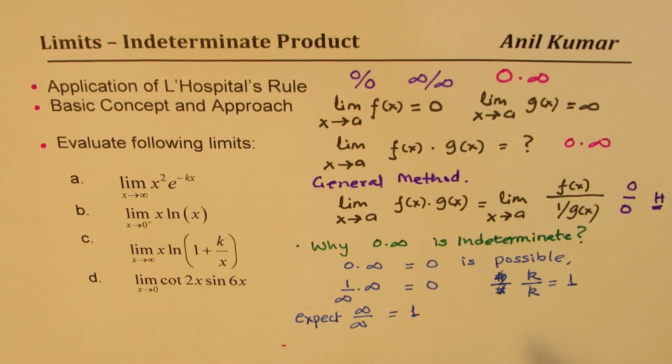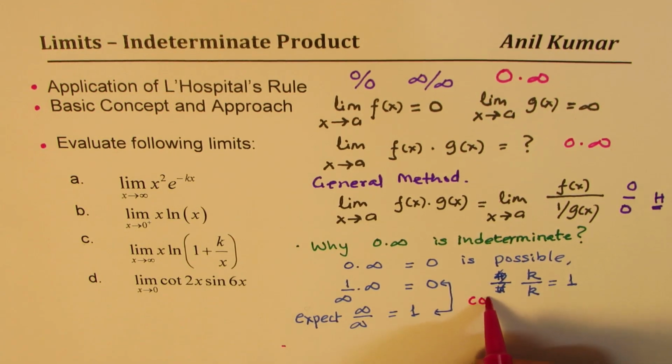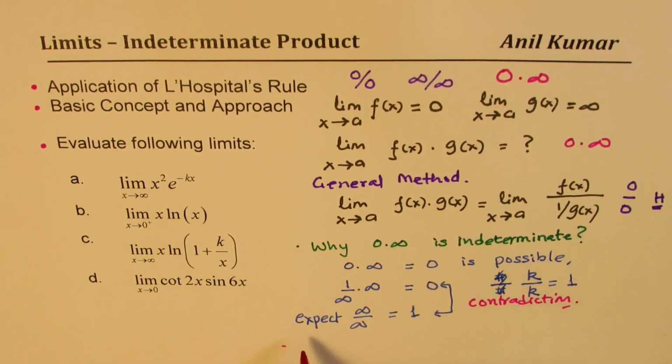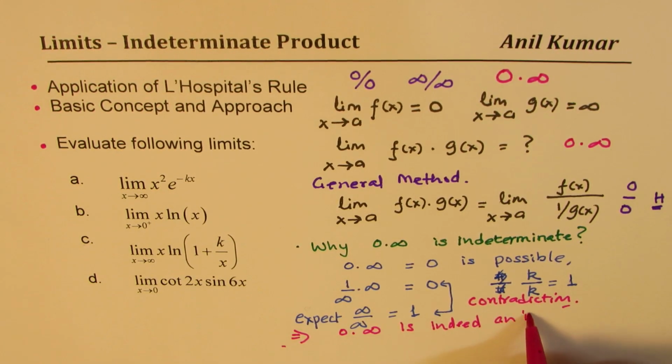So what we see here is there is a contradiction. And therefore, we know that this implies that 0 times infinity is indeed an indeterminate.